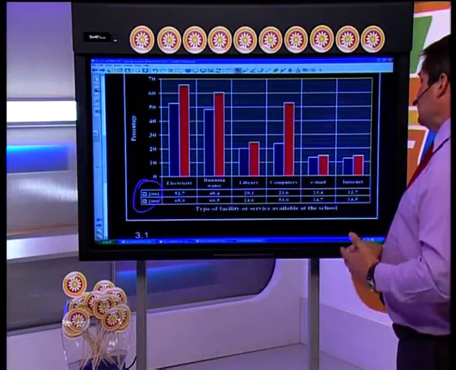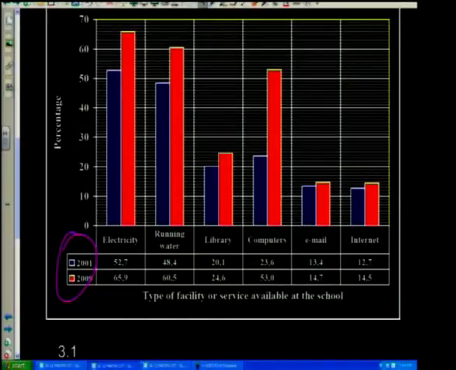Email hasn't gone up very much. In 2001, 13.4% of schools were using it. In 2009, only 14.7%. Internet, 12.7% of schools were using the internet in 2001, and in 2009, only 14.5%, which is really sad when you think that we can get so much information from the internet.